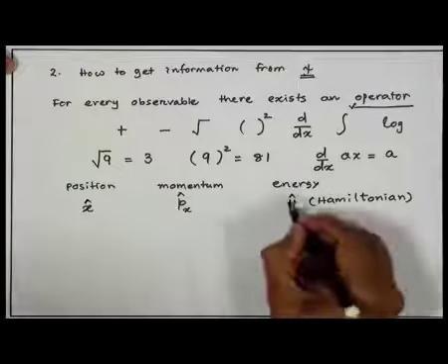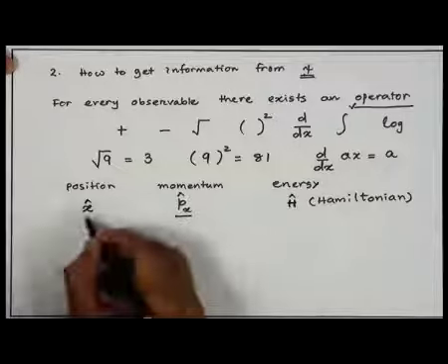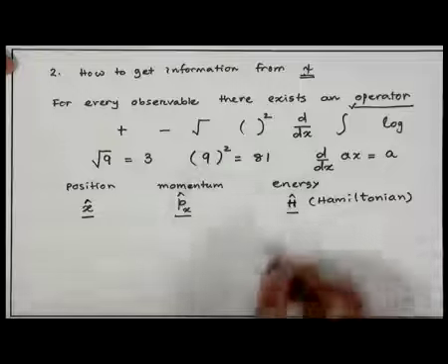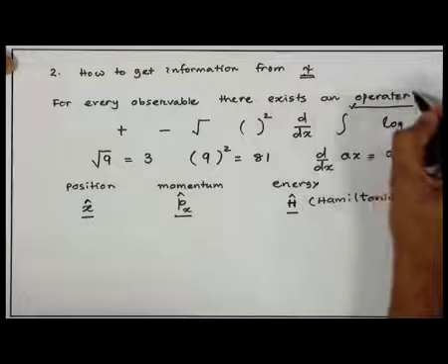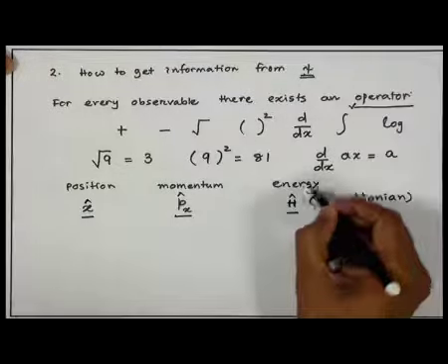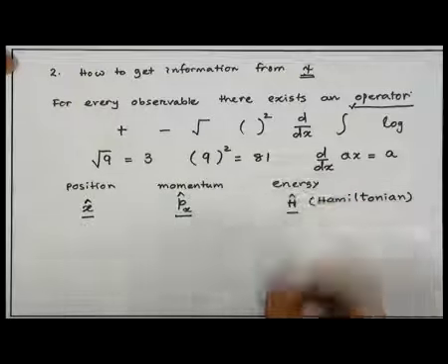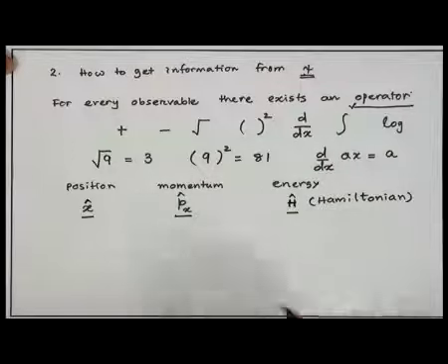You do not have to worry about the form of these operators. In a later class, you would get to know how to construct an operator, but for the time being, it is sufficient if we appreciate that there exists an operator for every observable that we may want to know. If we want to know about energy, there is the Hamiltonian operator. If you want to know about momentum, there is the momentum operator, and so forth.